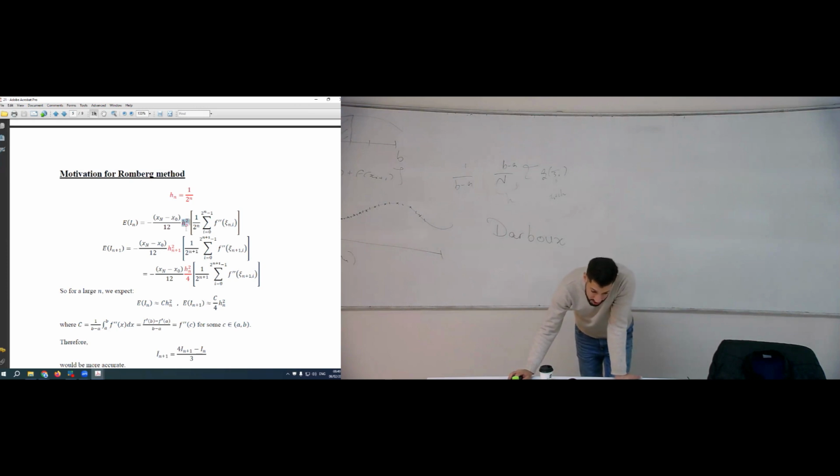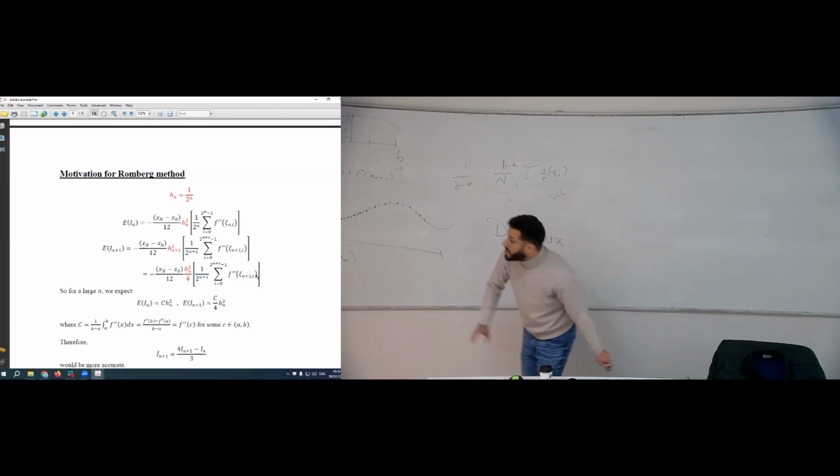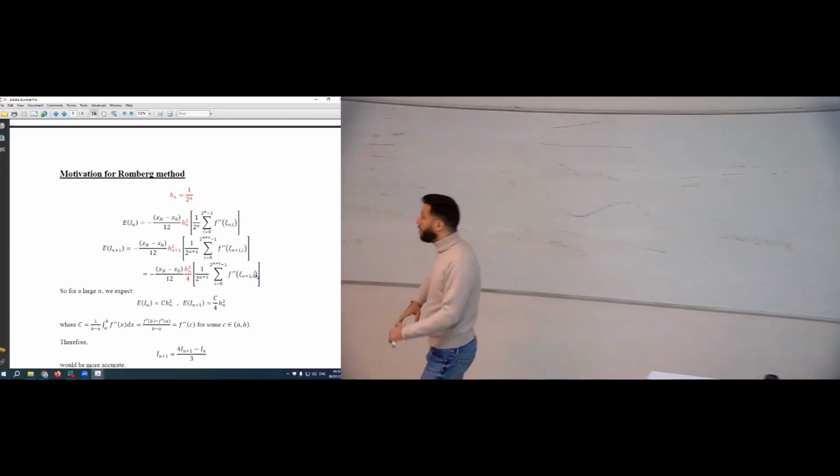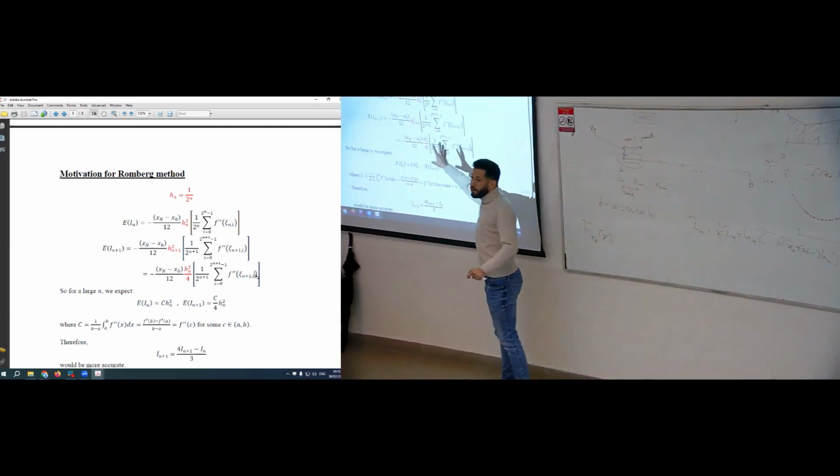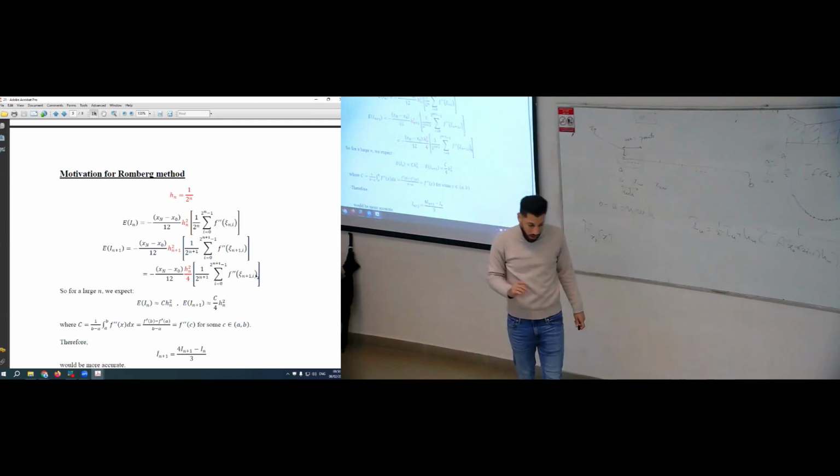Here I have H_n squared, but here I have H_{n+1} squared, which is H_n squared over 4. And we have here the averaging of the function using 2 to the n points. And here I have the averaging of the function using 2 to the n plus 1 points. And these are not the same points, and the differences between them are not the same. I don't know what they are.